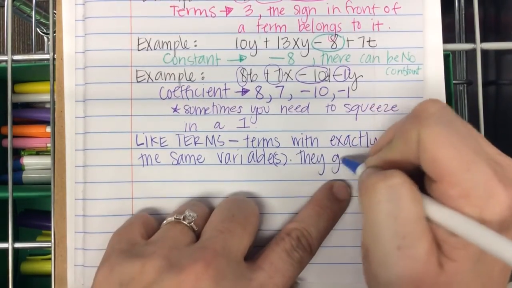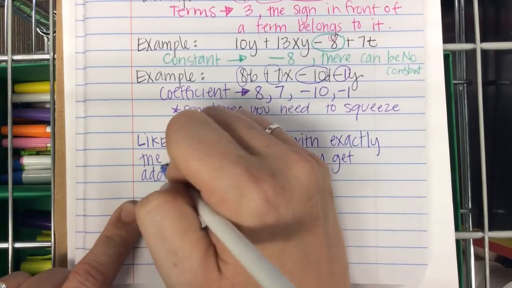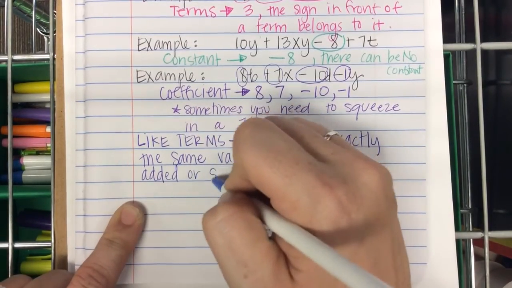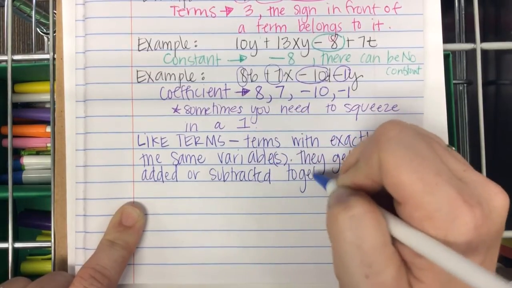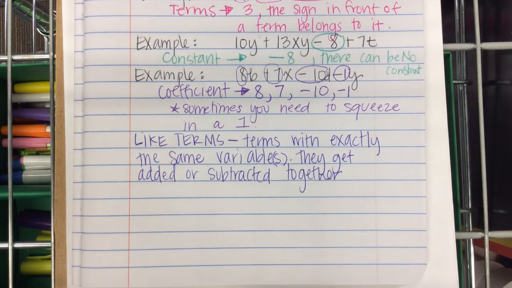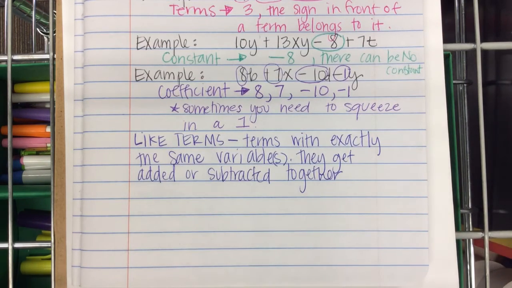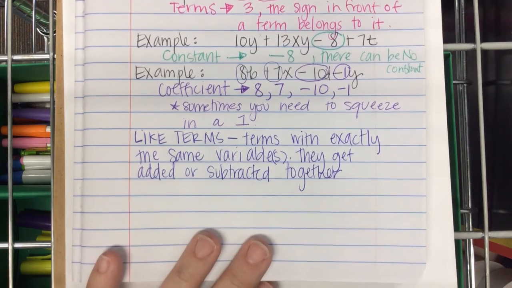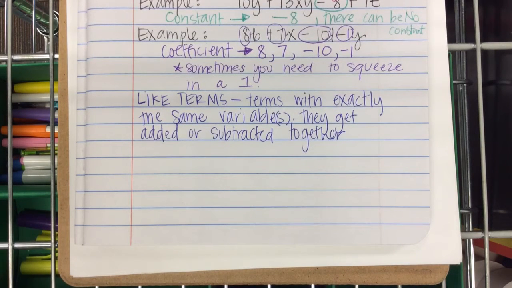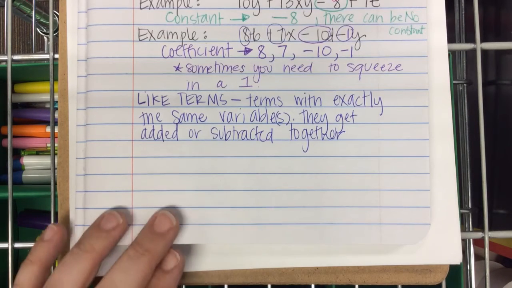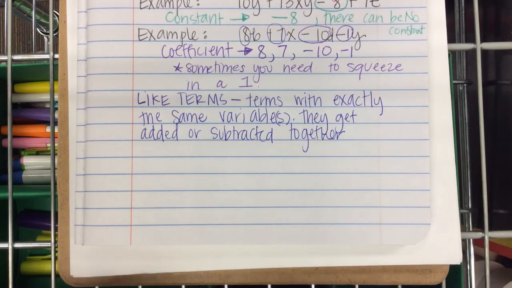They get added or subtracted together. Exactly the same variable. We're going to write a whole bunch of things down and you're going to circle them and connect them.